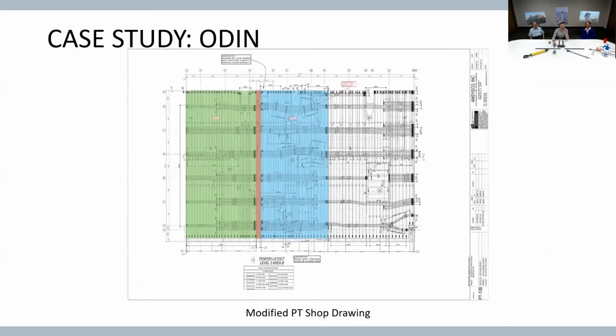And here's a layout from Cisco of the PT. Unfortunately, this thing was already going, and the green portion on the left was the PT that was already on site. And the little red chunk in the middle is the original pour strip. What we typically like to do is to close the pour strip gap evenly on both sides.